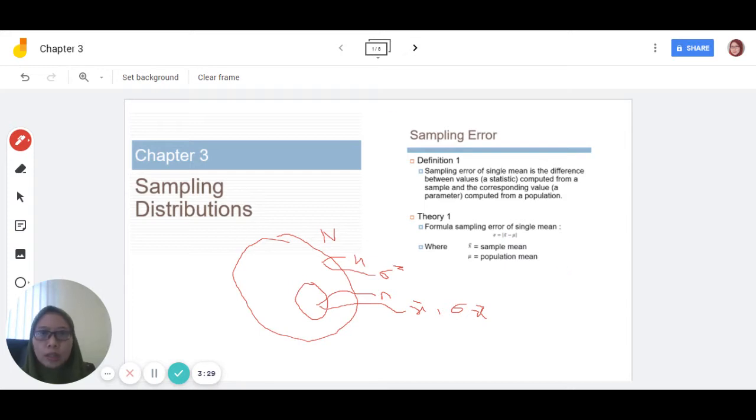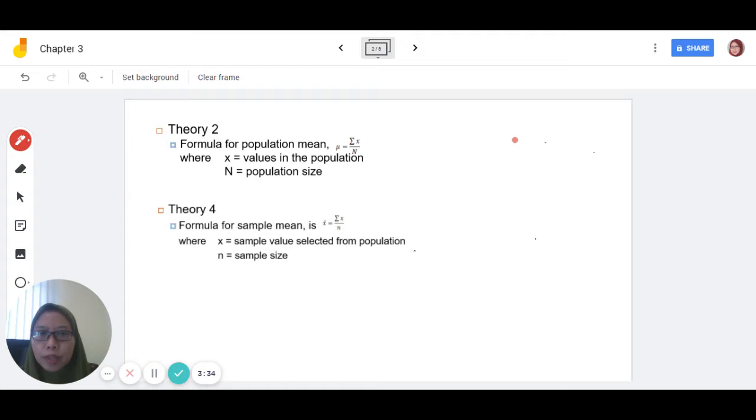From this population we can find the mean, like I mentioned just now. The mean of the population is nu, and the mean of the sample is x bar. This is normally what we do when we want to find the average of the whole population or the mean of the sample.